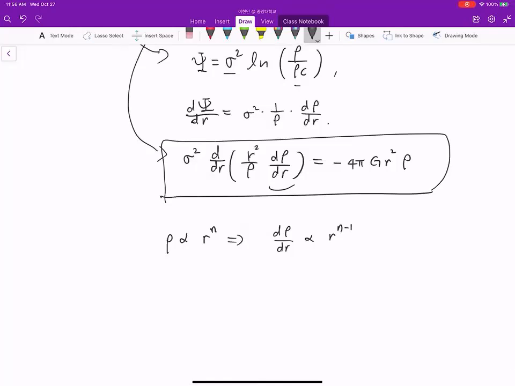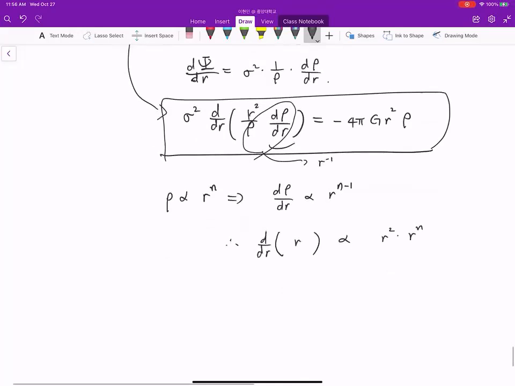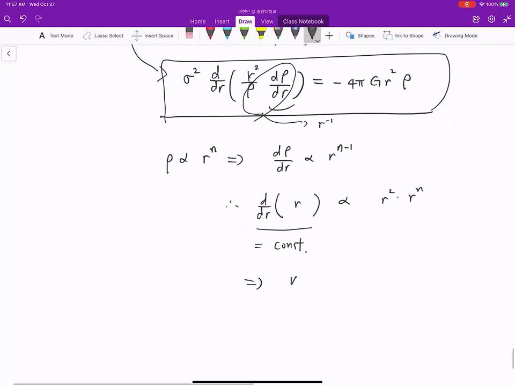So these two combine to be the inverse, right? So this is r, this is r square. So the left-hand side is independent of n. The right-hand side has n dependence. Because of that, the left-hand side is constant, so n is determined to be minus 2.